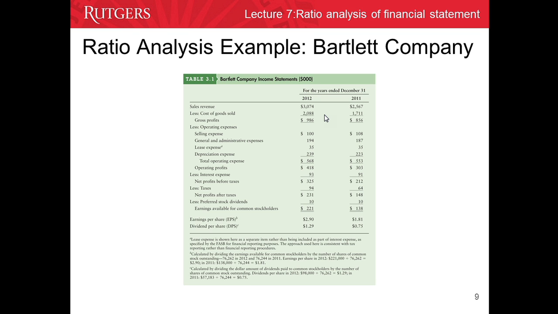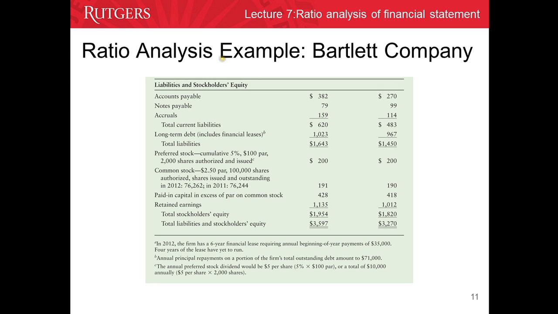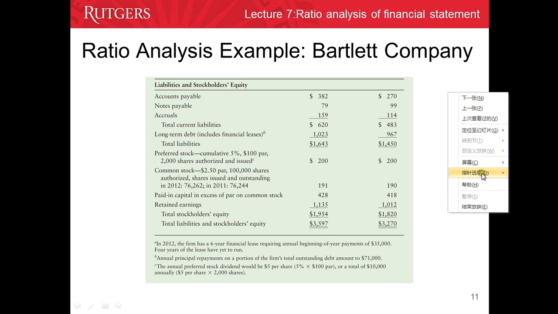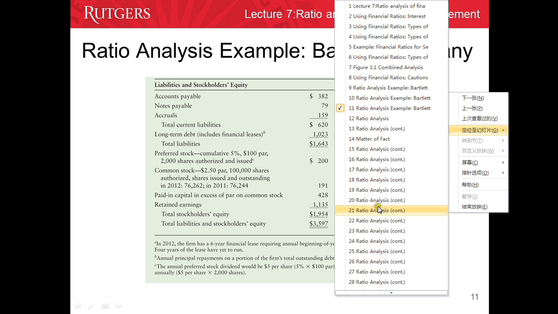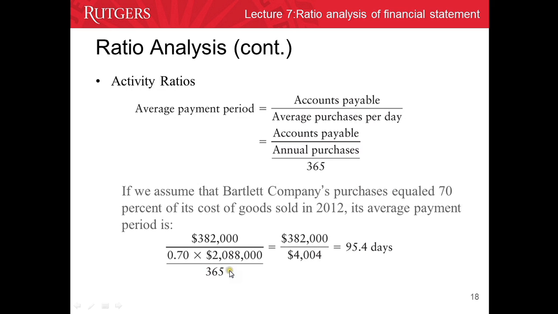Then we multiply by 0.7 and divide by 365 to get the average purchases per day, which equals $4,004. Then we use accounts payable here, which equals $382,000, divided by $4,004 to get the average payment period, which equals 95.4 days.